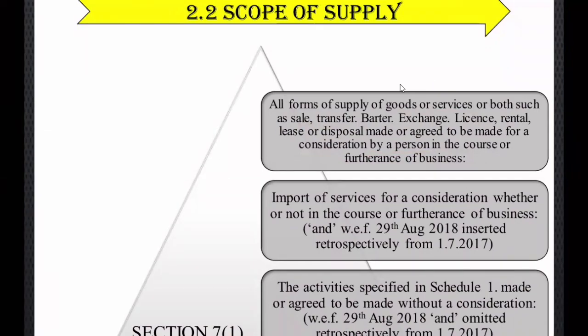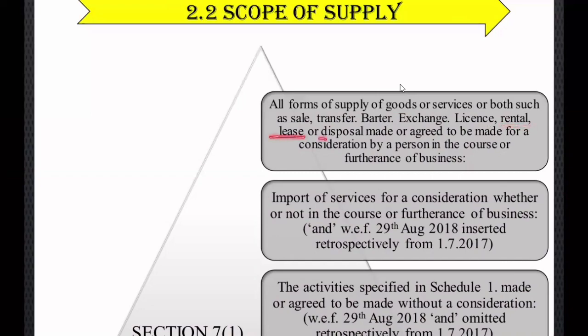Okay, now you can see how wide the supply has covered. You sell, that is a supply. You transfer something, that will be a supply. You do an exchange offer, exchange an old product for new, that is also a supply. You do the barter system, like previously it used to be done, goods for goods. You may license something, you may give a license to something. You may rent something, that will attract GST.